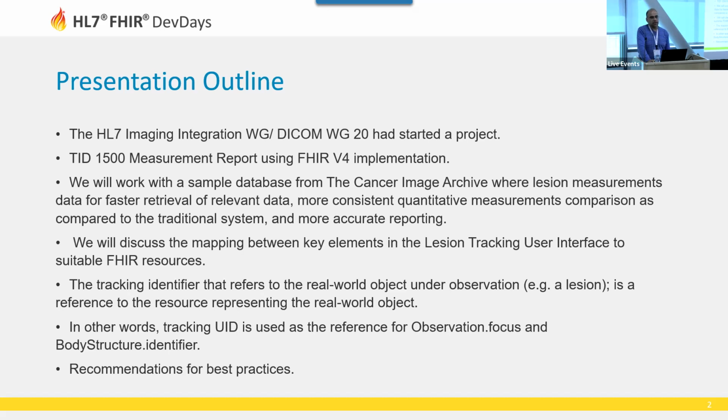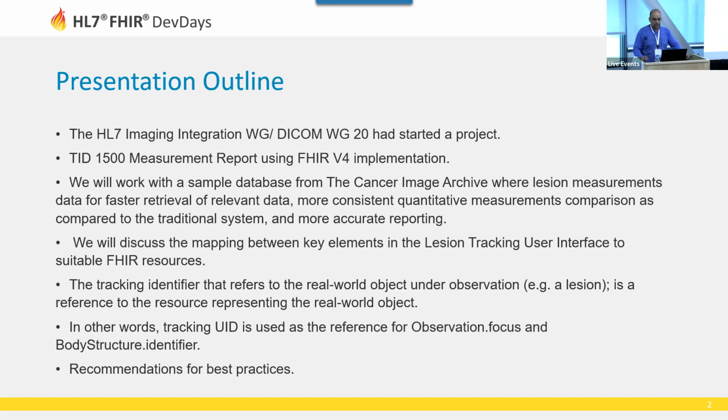And we are using the latest FHIR implementation, but we are very anxious, waiting to have R5 available, because we at the Imaging Integration Working Group have developed also a new resource called imaging selection. That will come in handy when we are talking about groups of images rather than the whole imaging study.